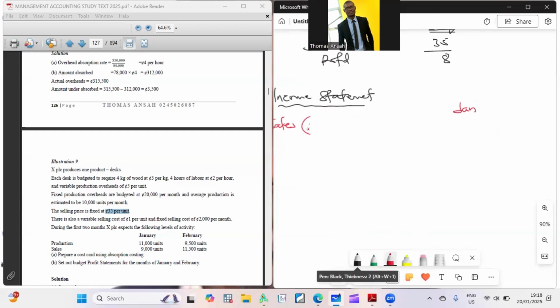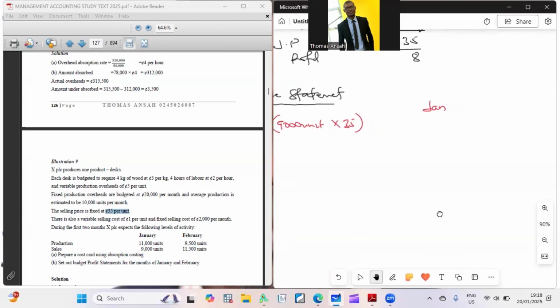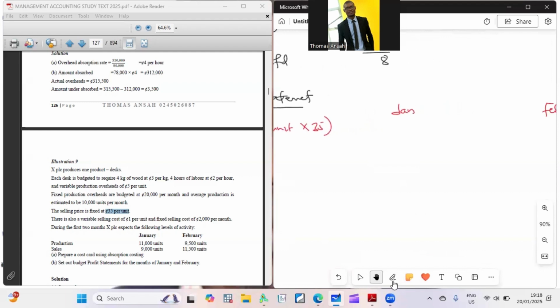January, what is the sales quantity? The question said that they sell 9,000 units. And for the 9,000 units, we knew that the price is 35. So multiply. Then when you finish, you come to this side. How much did they sell in February? 11,500 units multiplied by 35.